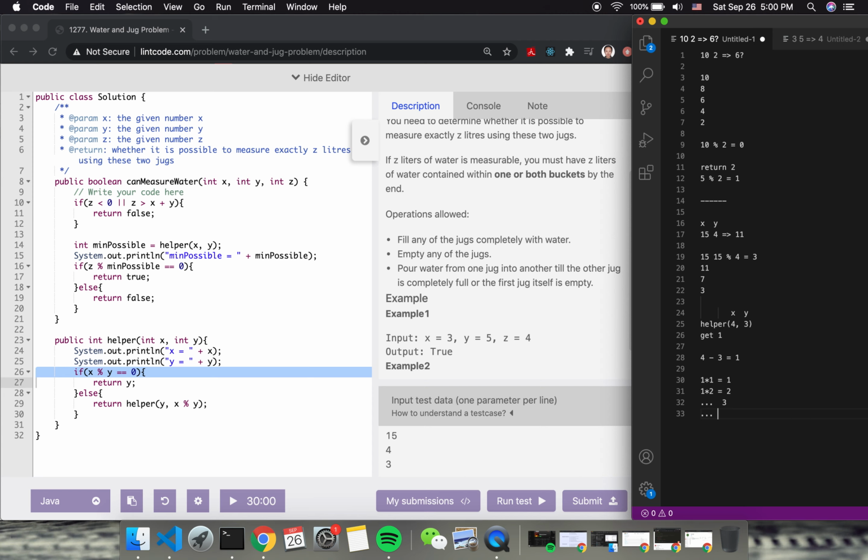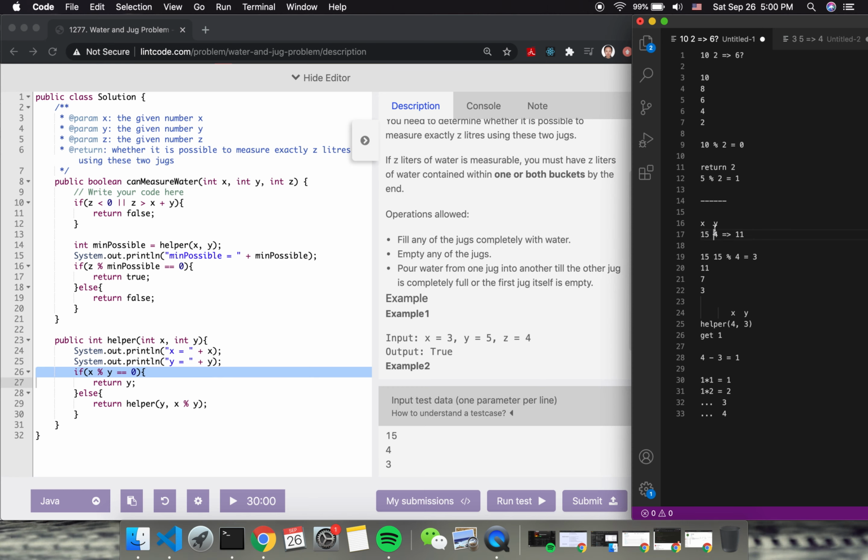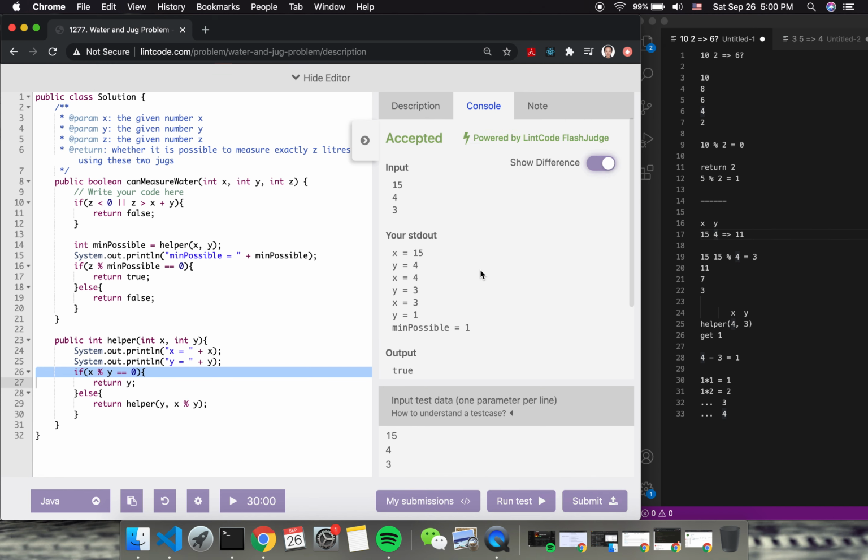You can keep multiplying, and these are all valid answers. For example, in the code, in this example, you have 15 and 4, and run it. You can see the minimum possible number is 1.